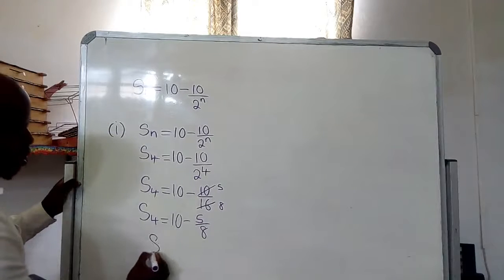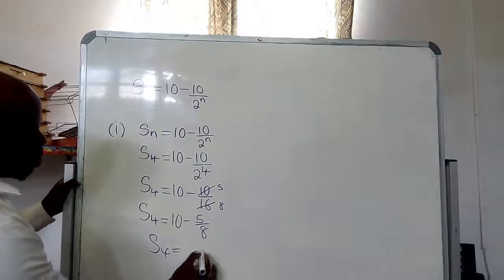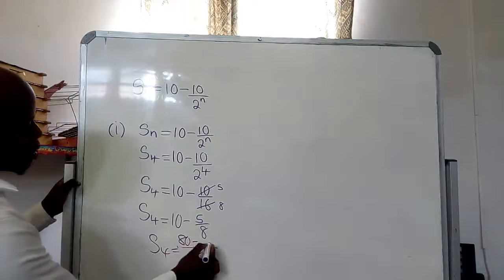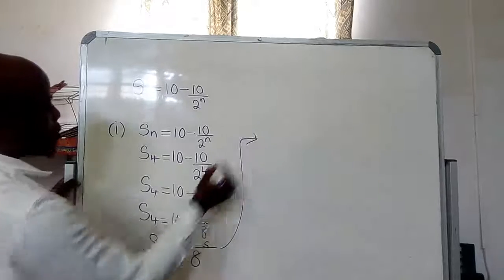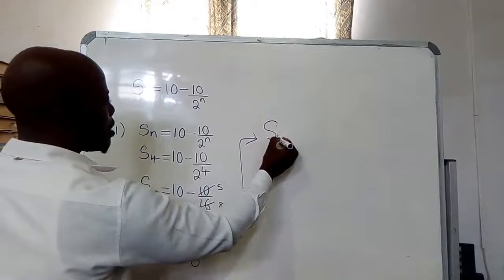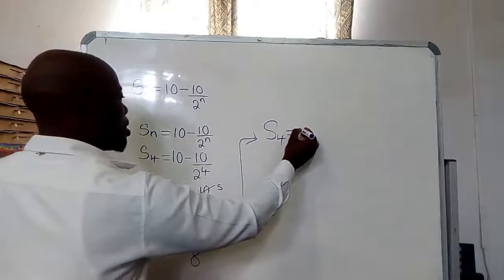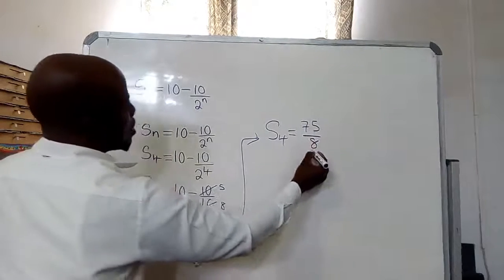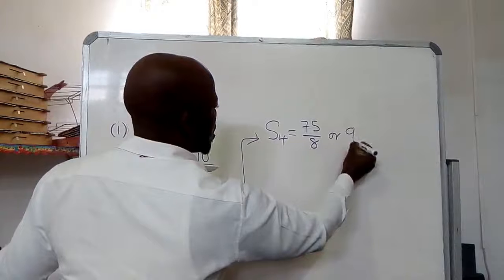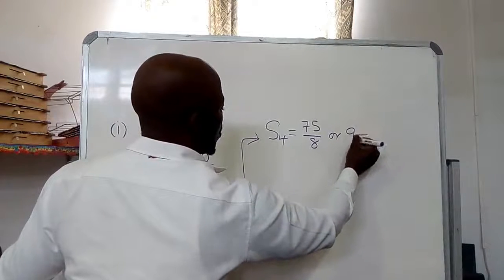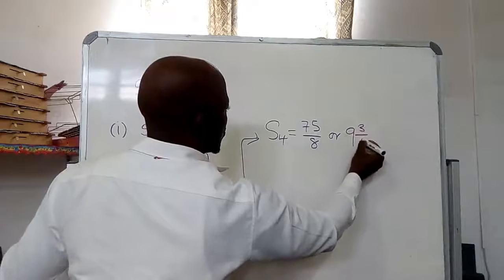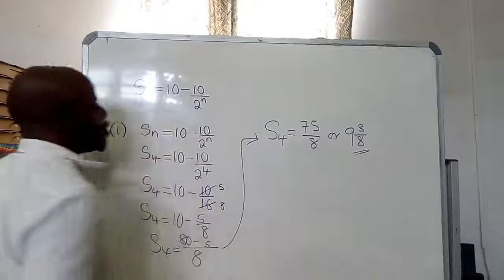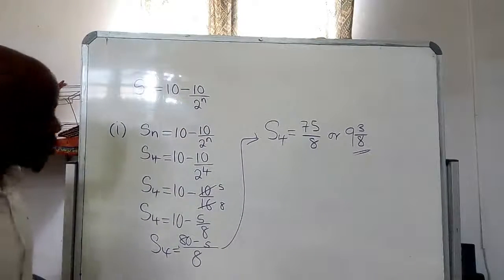When we do our calculations nicely, we have 8 as our common denominator, and here it will be 80 minus 5, which is 75 over 8, or 9 and 3 over 8. So this is our answer for the first question.